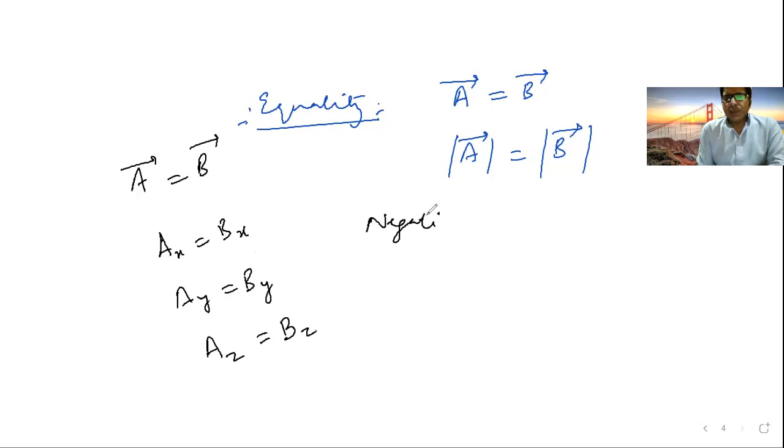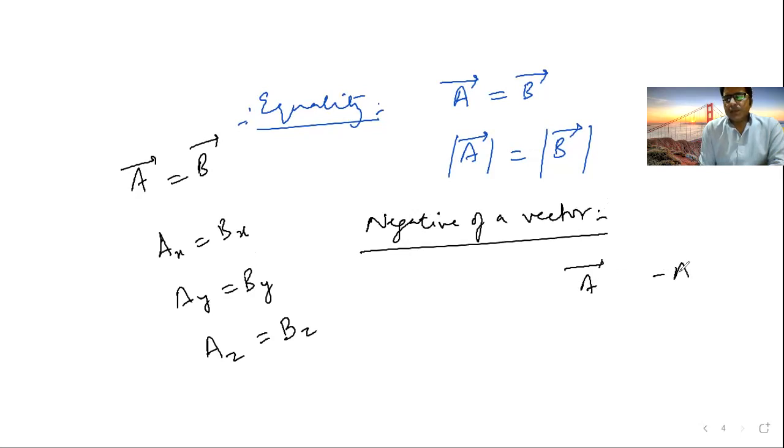Second thing, negative of a vector. We said if we have a vector A, then what is minus A? If the vector A is this, then minus A is a vector having the same magnitude as A but oppositely directed.